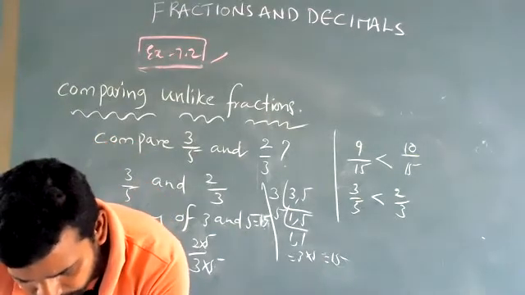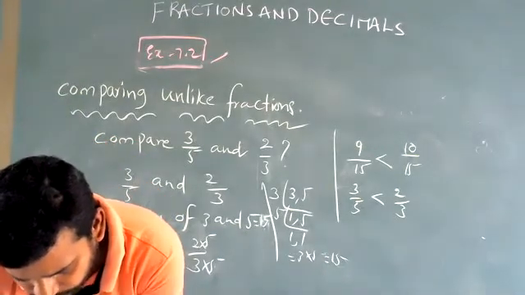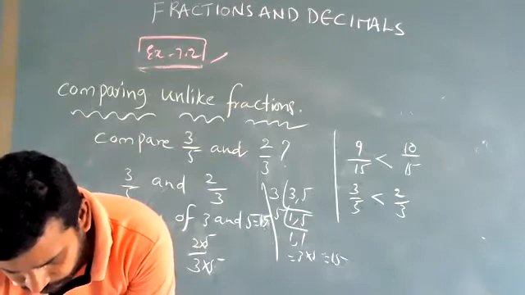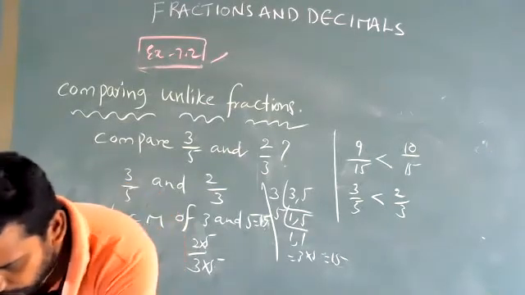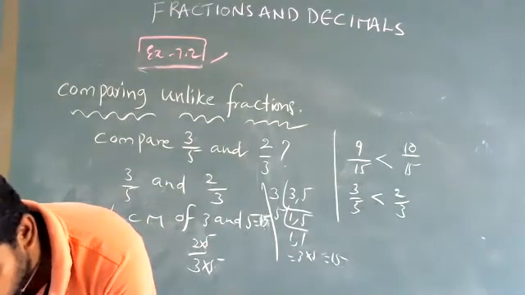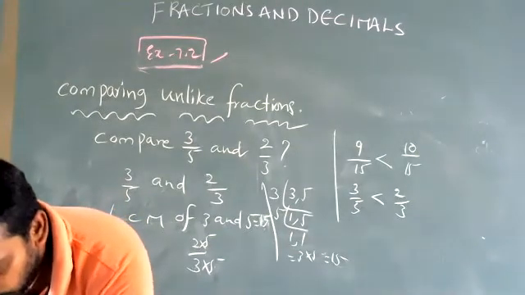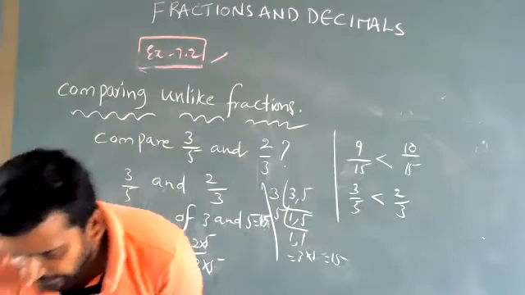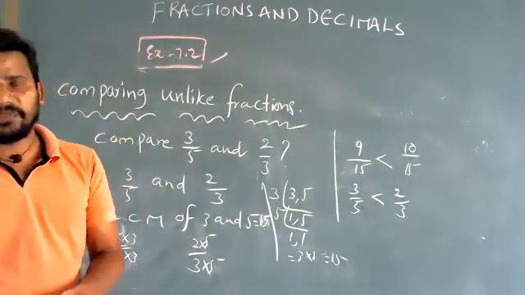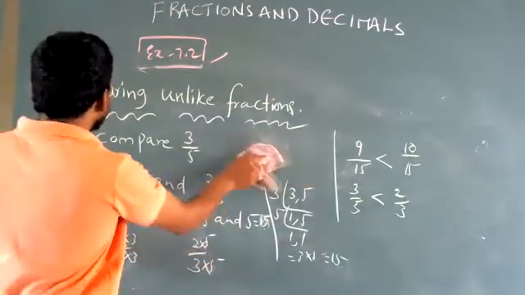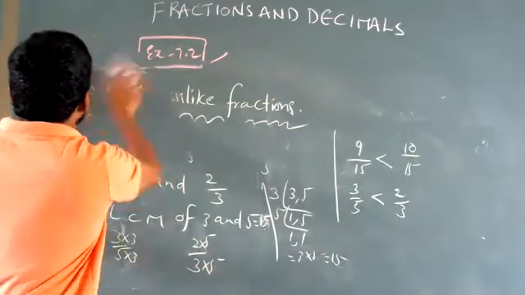Next, write the following in descending order of unlike fractions. How do we arrange unlike fractions in ascending or descending order?